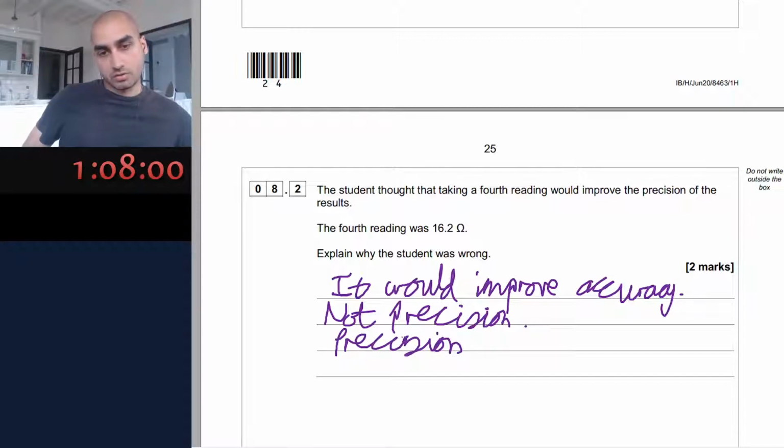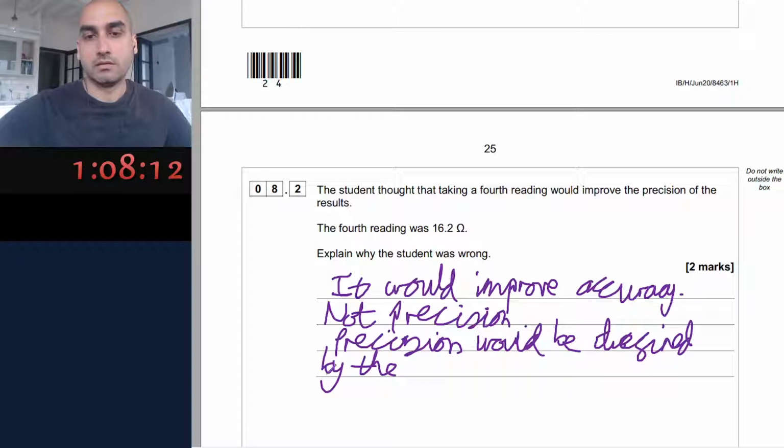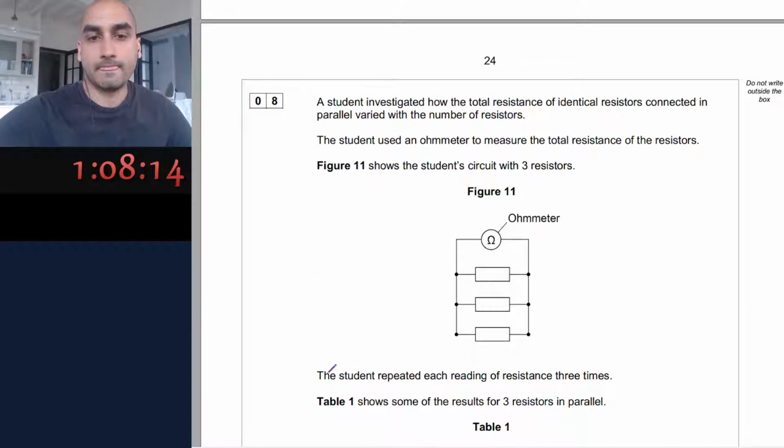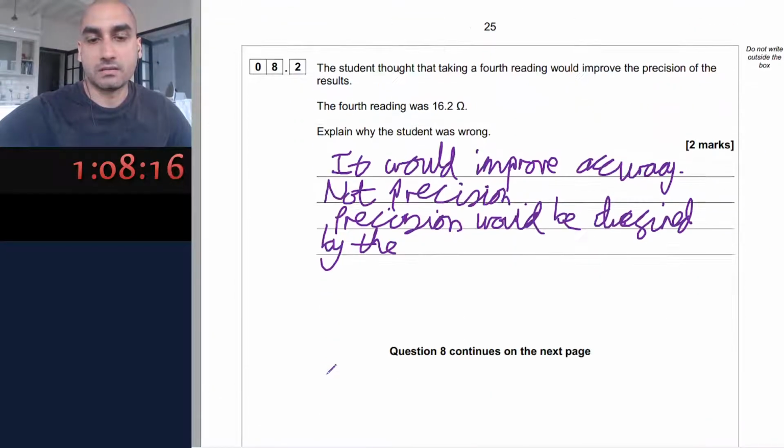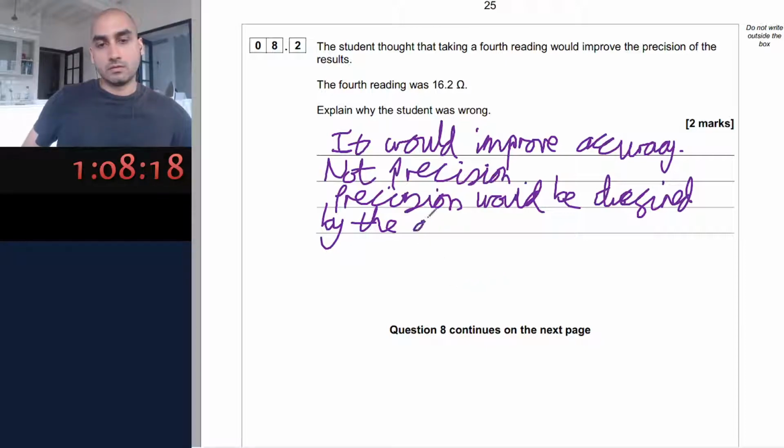Precision would be defined by the ohmmeter.